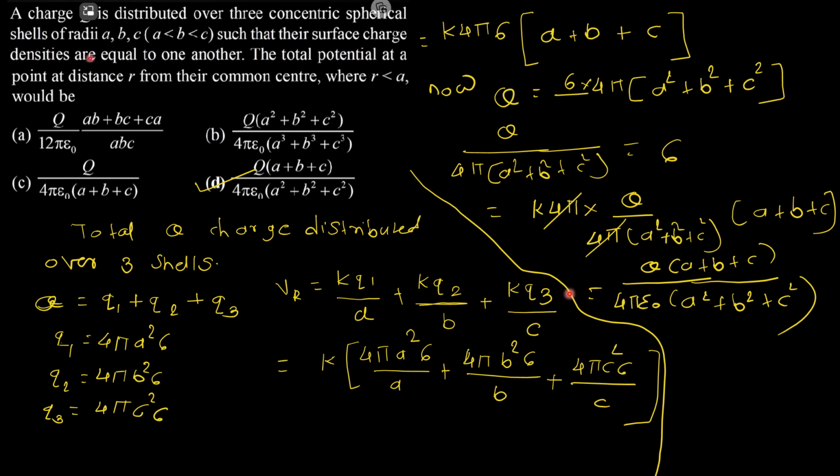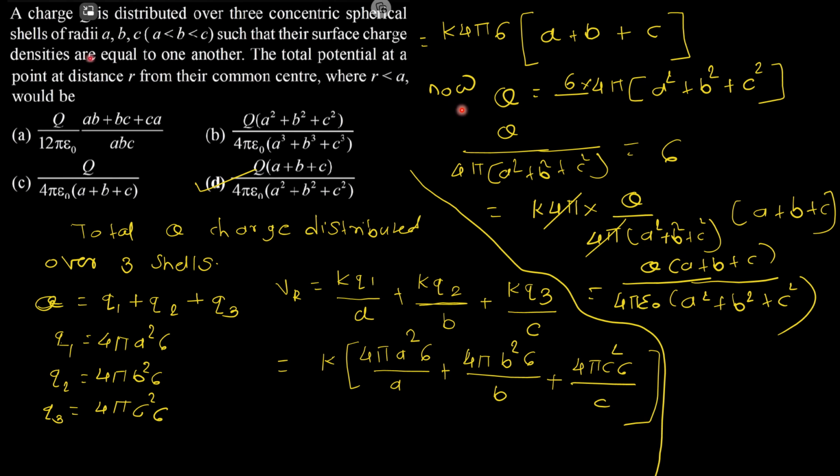We take k common and replace q1, q2, q3 by 4πa²σ, 4πb²σ, 4πc²σ. Here a²/a, we can eliminate the square, here also, and then we take 4πσ common. What remains inside is k·4πσ(a + b + c).